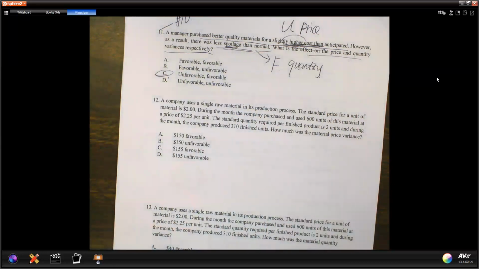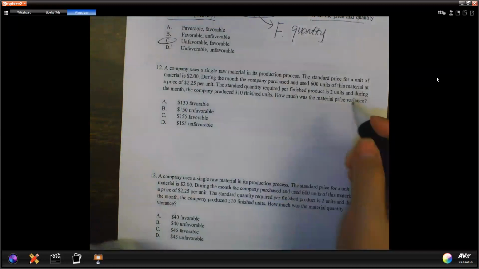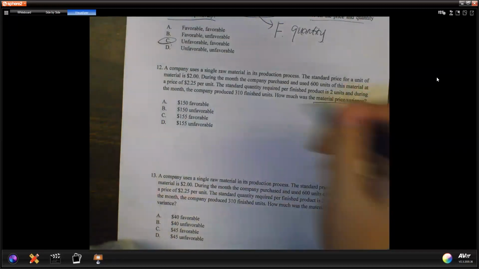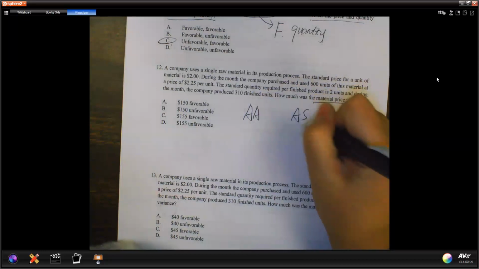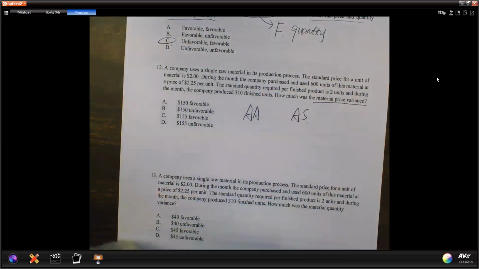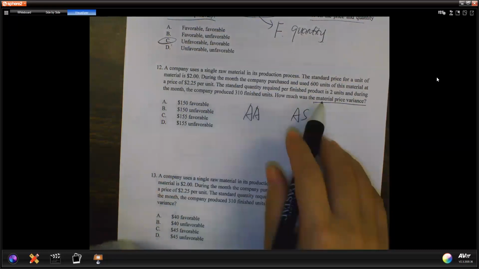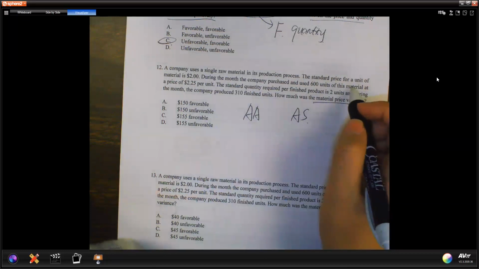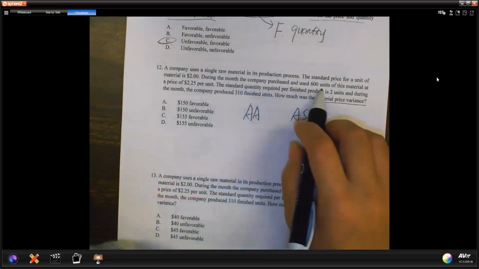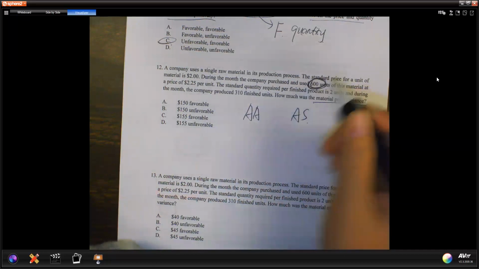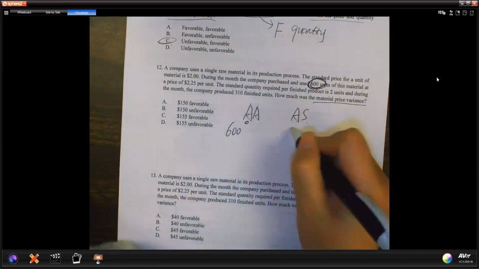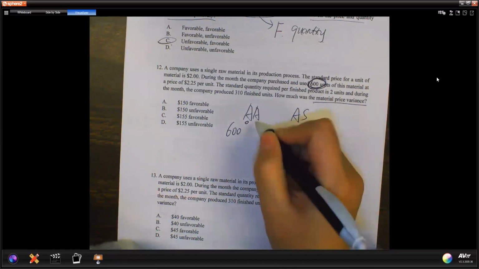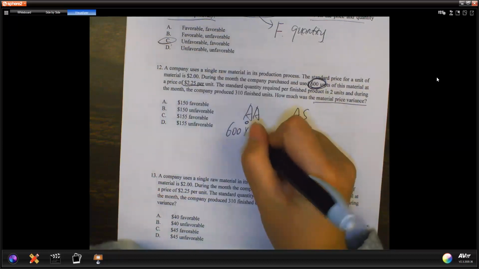Answer is C. Question 12, talking about price variance. When you have price variance, it's AQ and AS, right? Let me see. Okay, we look at this price variance. Standard quantity between. Okay, then prices during the month you purchased and used this material. So you used the 600 units. When I put it there, I also put it here. And the actual price is 2.25.